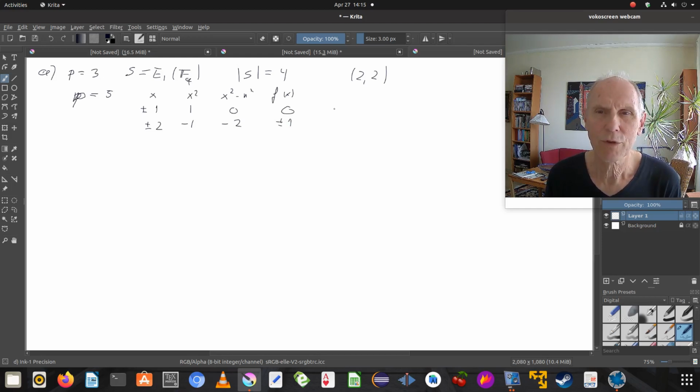So we have the unit, points of order 2. That's 4 points. And then we have 4 points down here. 2, and then the square root of 1, and the square root of minus 1, that's 2.